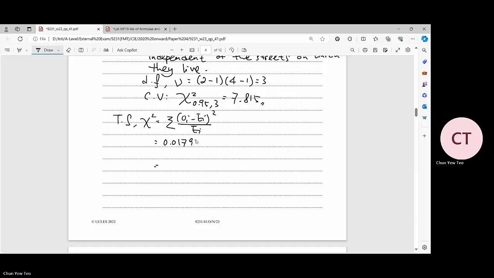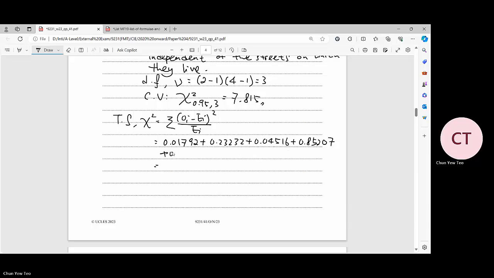So I will just write down 0.01792 plus the 0.23232 plus the 0.04516 plus the 0.85207. I'm using 5 decimal places.